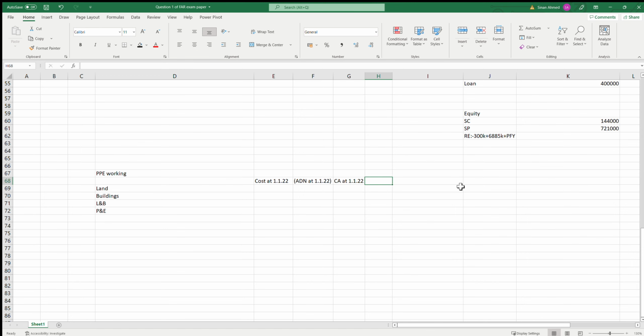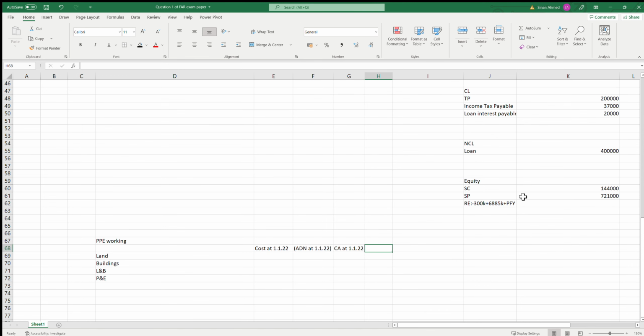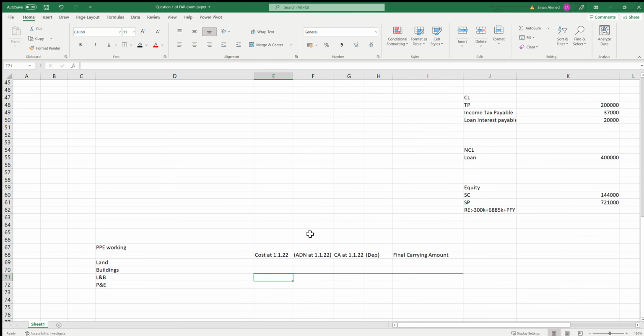And then we haven't been told of any other adjustments. We haven't been told of any additions or disposals, so we're going to have depreciation. Okay, and then final carrying amount. Now what I would start doing is putting the values in immediately. So I'm just going to put a total column here. So let's populate this table.